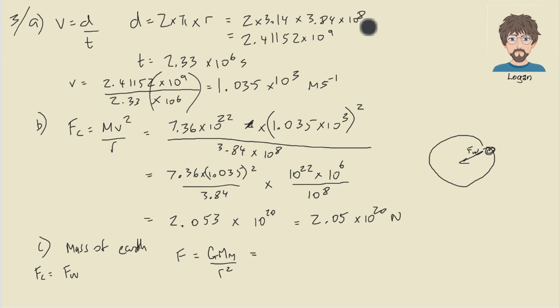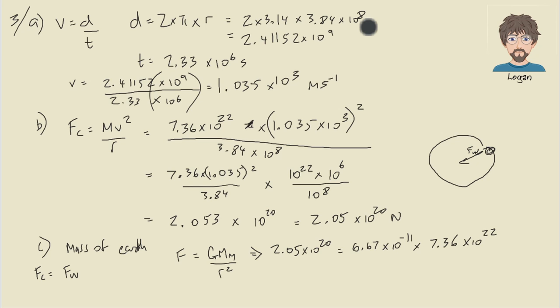And we know the force, 2.05 times 10 to the 20. We know G, it's the universal gravitational constant, 6.67 times 10 to the minus 11. We know the mass of the Moon. We've been given it here: 7.36 times 10 to the 22.